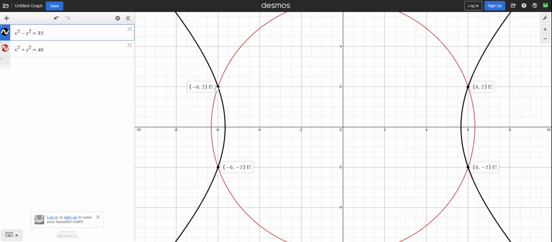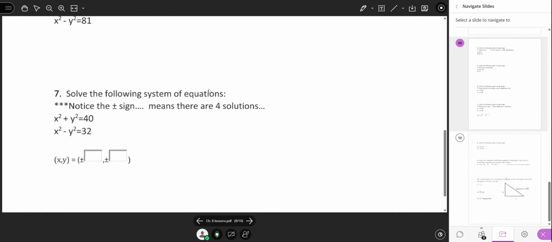Notice all of these have plus and minus 6 for the x, plus and minus 2 for the y. So literally, they've got one box for the x, and they've got one box for the y. So let me go back. Here we go.